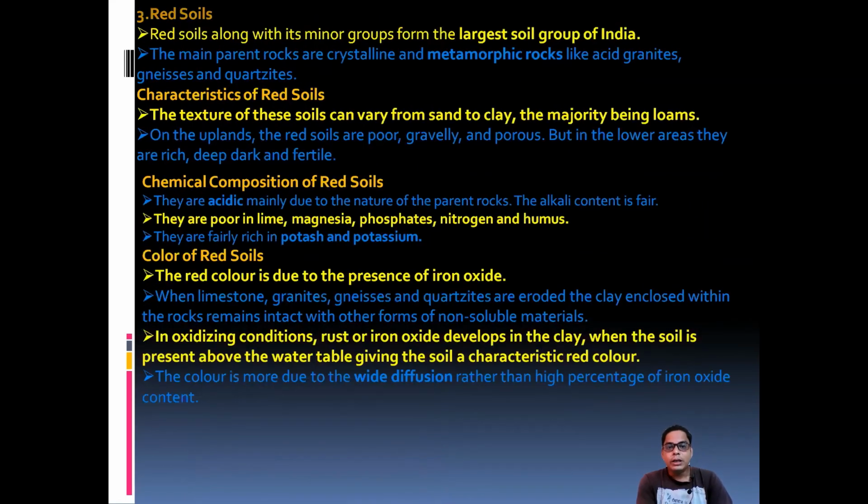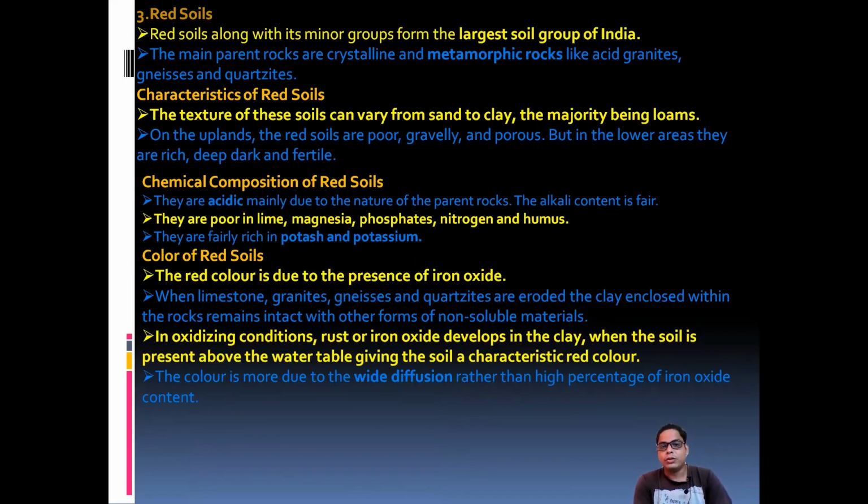Okay, then the next topic is the red soil. Perhaps you can see the red soil along with the minor groups, from the largest soil group, and the main parent rocks are crystalline and metamorphic rocks like acid granites, gneisses and quartzites. What are the characteristics?